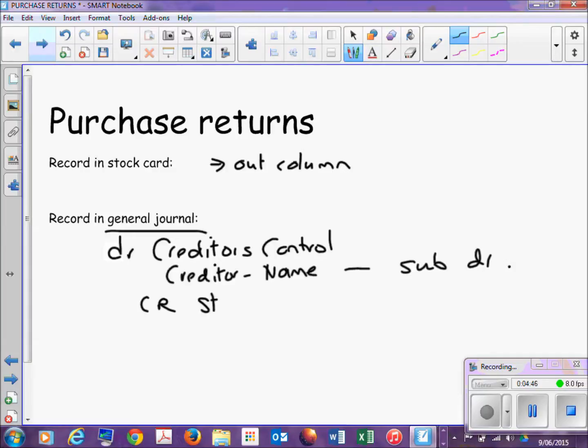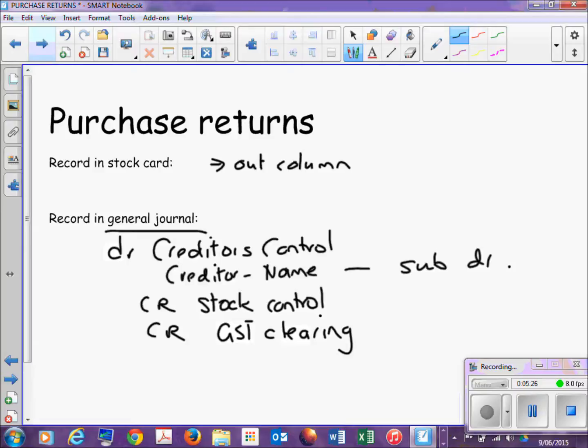We credit stock control. Why do we credit stock control? It is decreasing our stock. The stock has left, therefore we have to decrease it. We also credit GST clearing, because originally when we had the purchase we would have debited GST clearing because we would have decreased the liability.